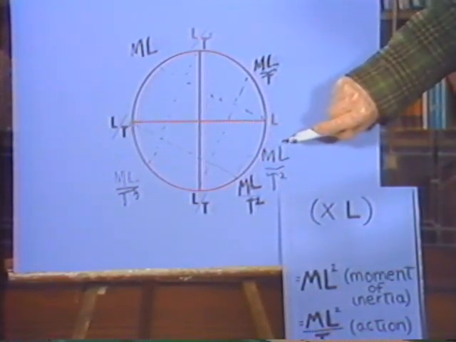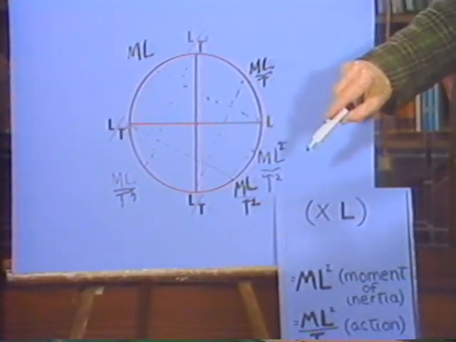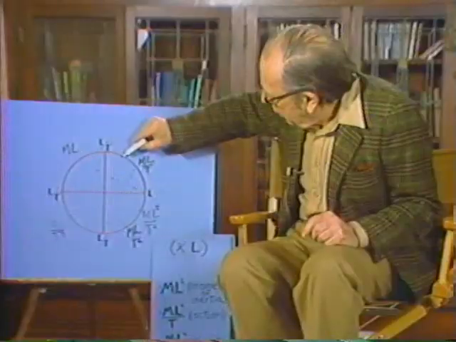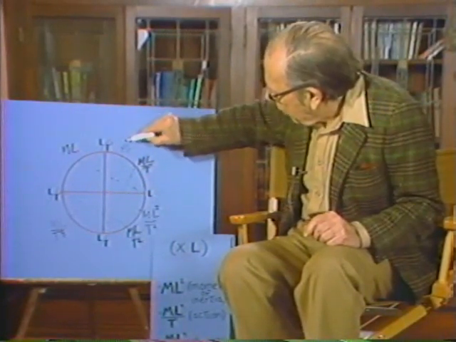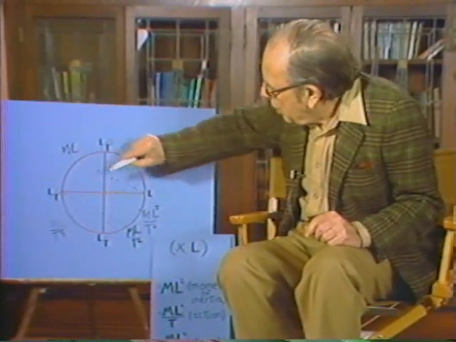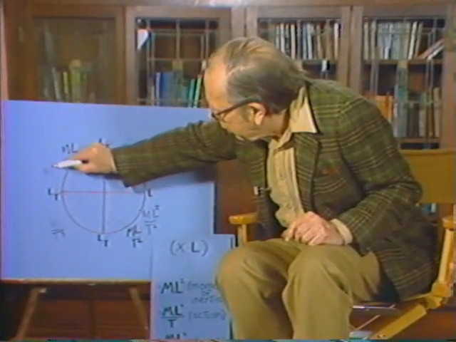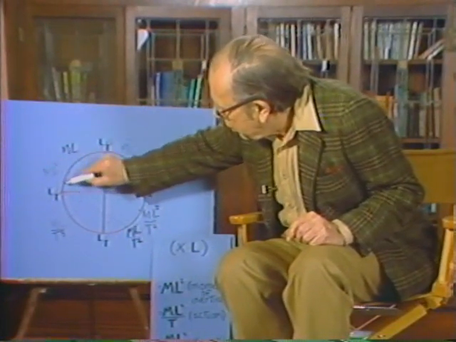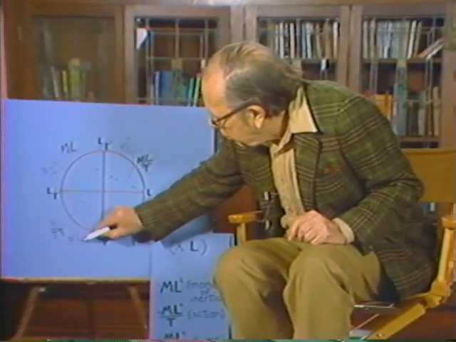This one will be mL squared. They're all mL squared now, but this is over t. This will be mL squared without any t. And this will be mL squared over t cubed.